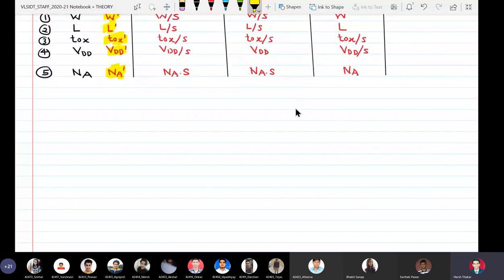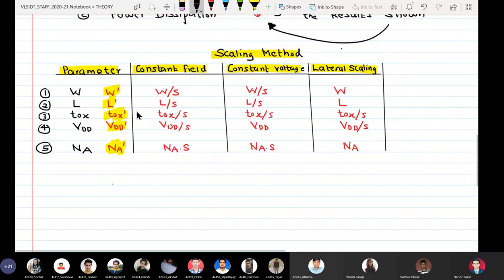The second table which we make is to actually compute. So we are going to fill the table after doing some computations, not now. In the next table, what I write is the performance parameter. We can write down scaled parameters here.